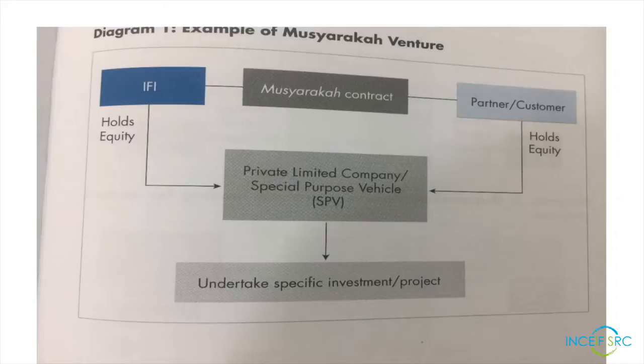So this is the house, which is owned by both the bank and the customer. So this is Sharika already. Now the bank owns, let's say, 80%, and the customer owns 20%. All right. Now, the bank will sell the whole 80% to the customer.